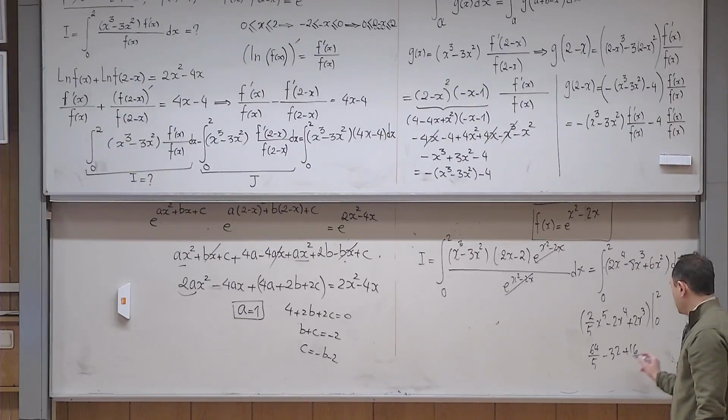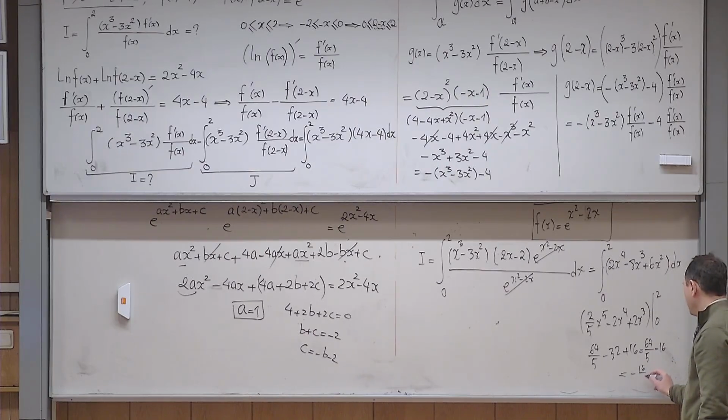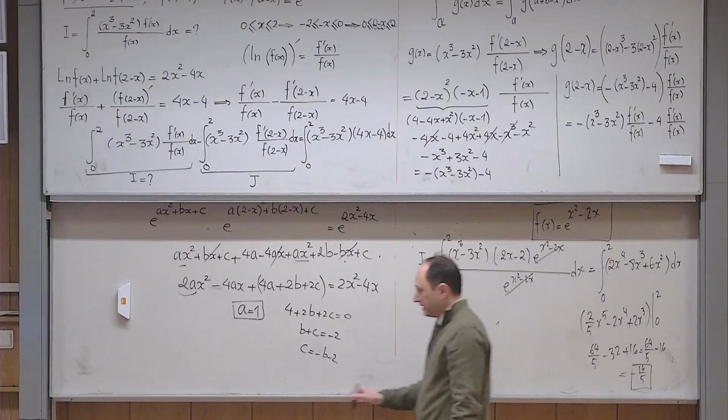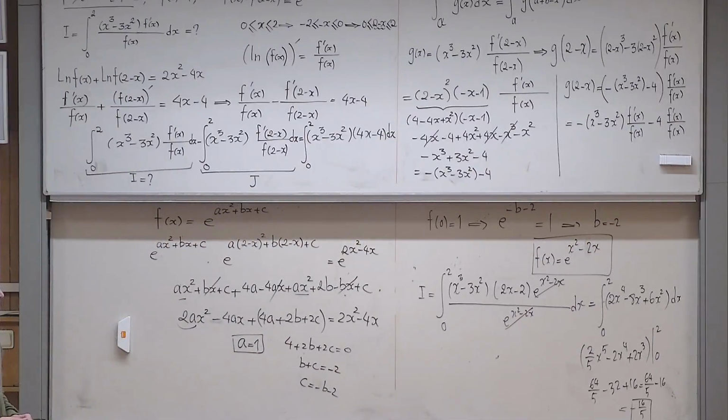Yes, and that is, I think, the correct answer. 64 over 5, this becomes minus what? Minus 16, and then this becomes minus 16 over 5. And that was exactly the answer that I got from this very, very long method.